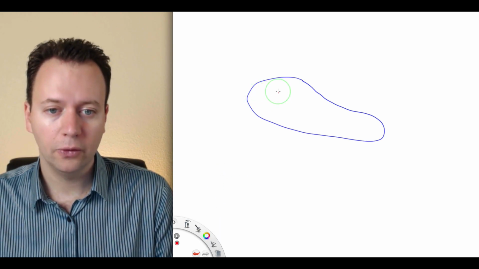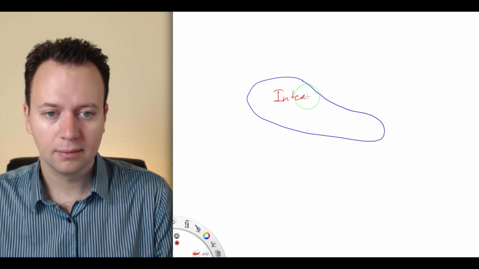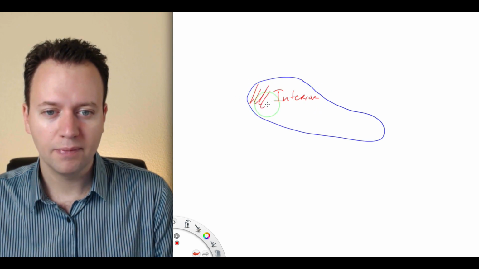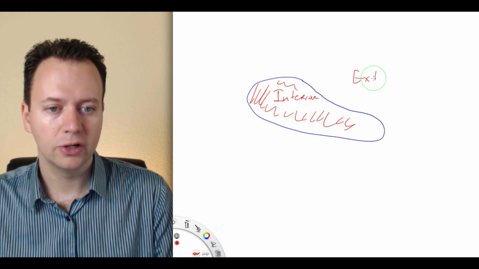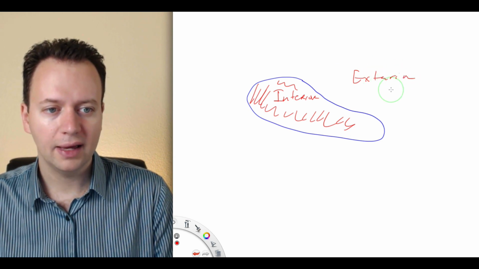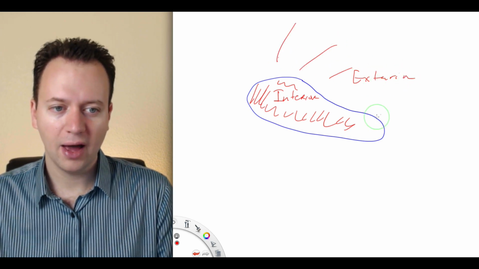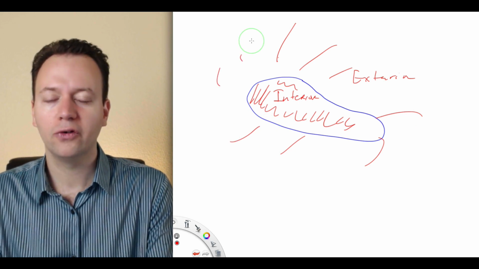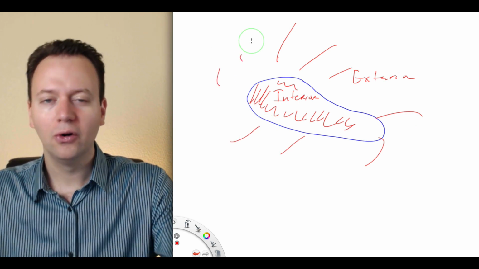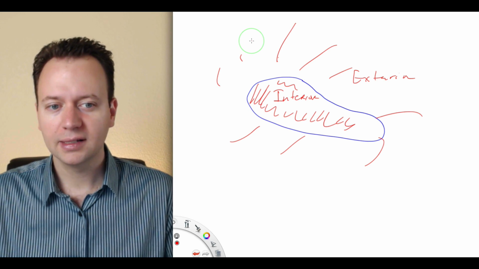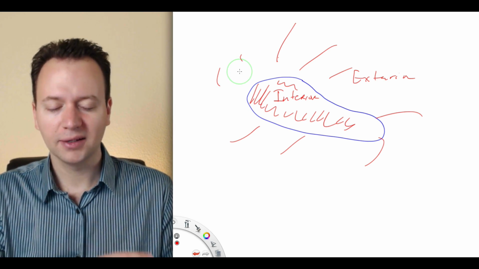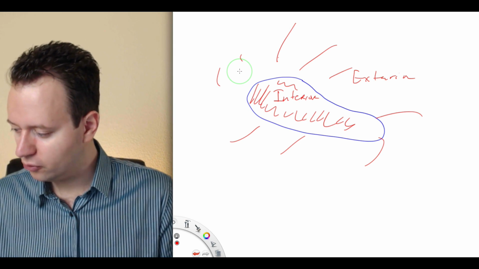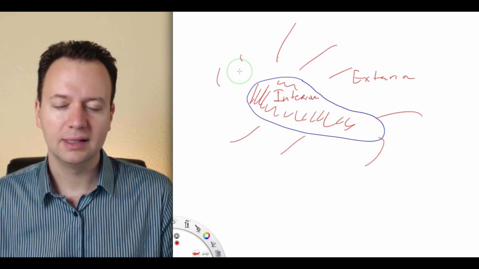So there's an interior region, a region bounded by the curve, and then there's this exterior region out here. Pretty intuitive statement, right? If you have a simple closed curve, you're either inside the curve or you're outside of the curve. In theoretical mathematics it's a much more difficult result to prove, but that's essentially the statement of the theorem.